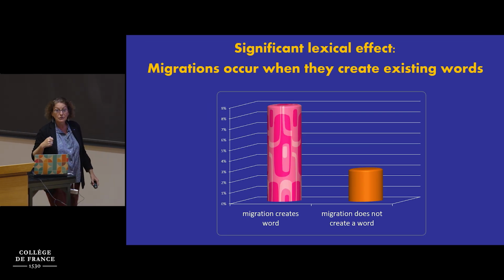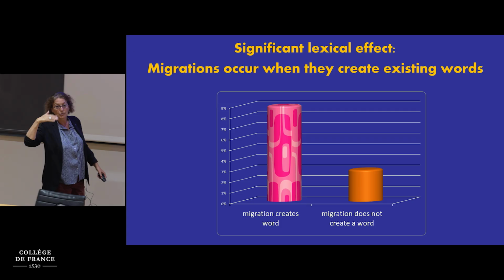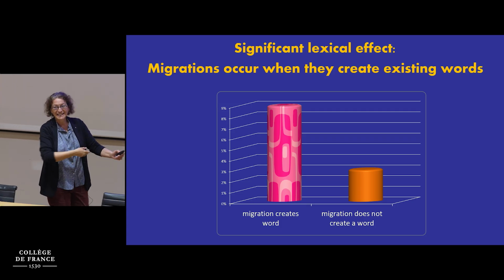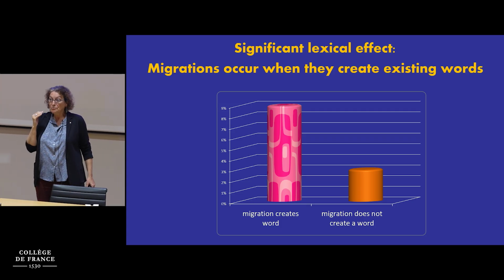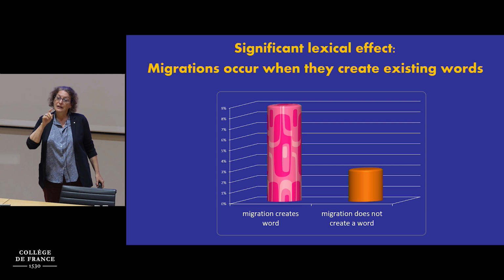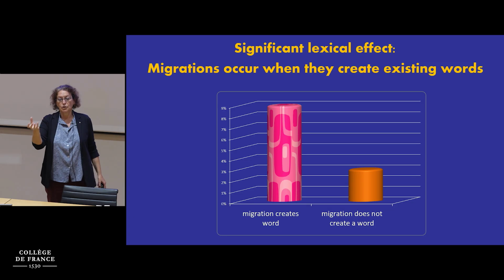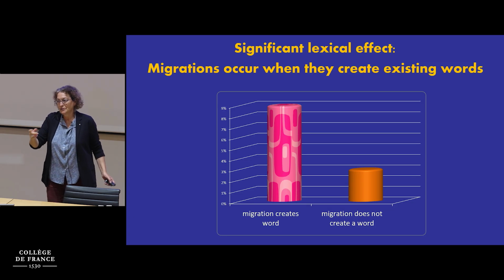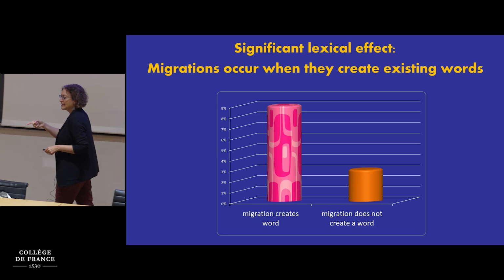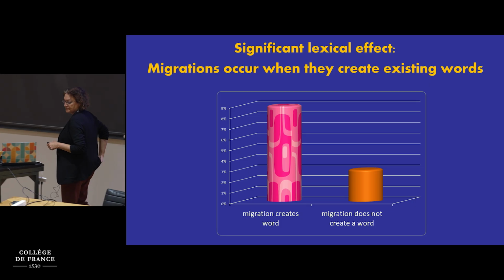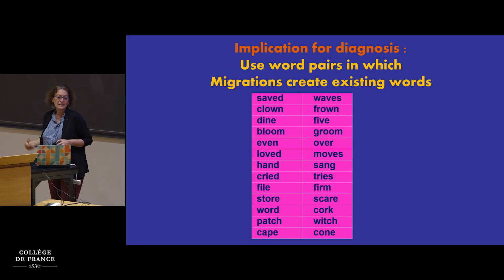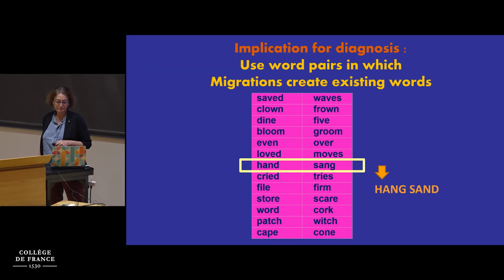And again, we know from work on attentional dyslexia that errors occur mainly, or almost only, when the migration between words creates another existing word. So what we need to do is present word pairs that are migratable, so migration between the words would create another existing word. And then we can identify this kind of dyslexia.